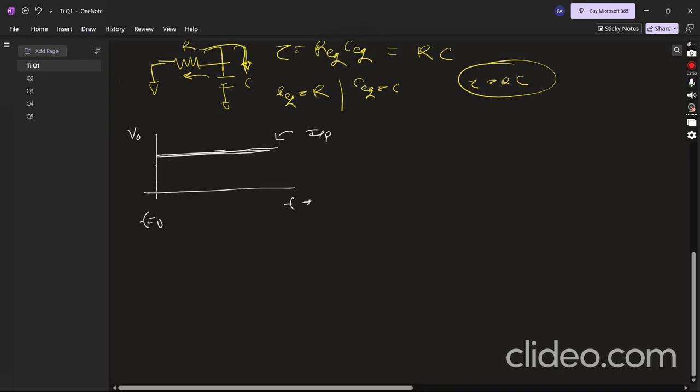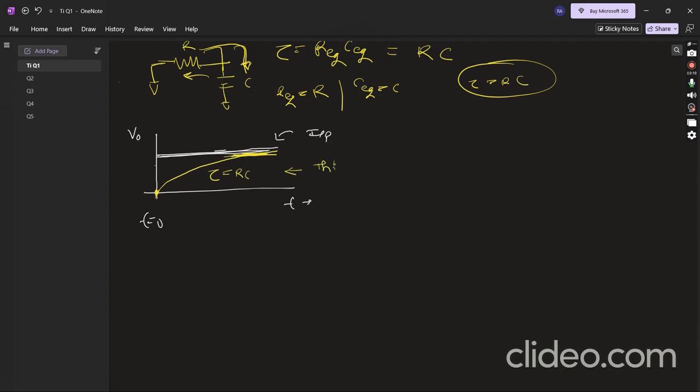At t equals 0, V out is also 0, and at t equals infinity, the output becomes V out. In between, the graph looks like this: an exponential graph with time constant RC. So this is the step response.